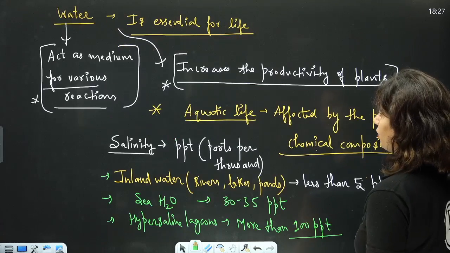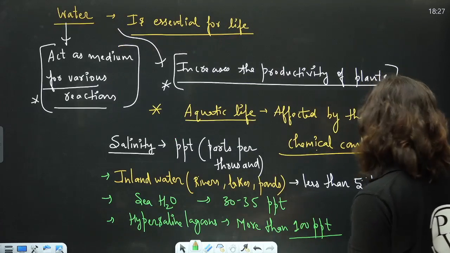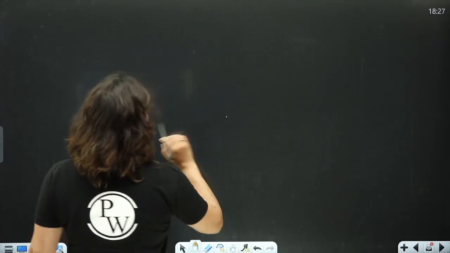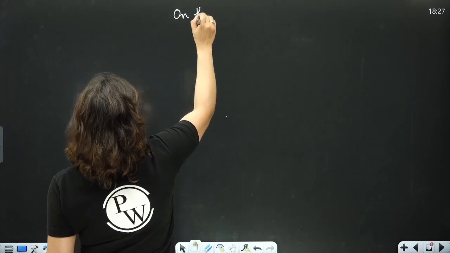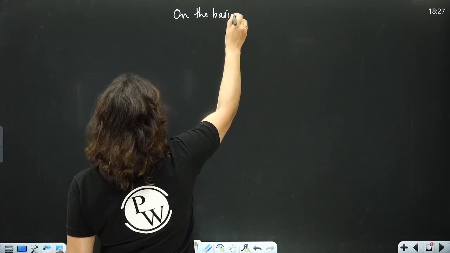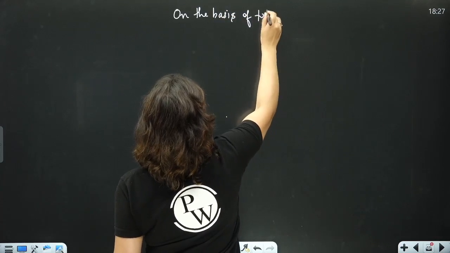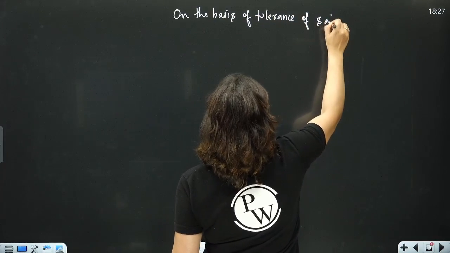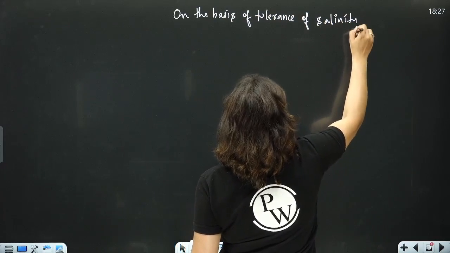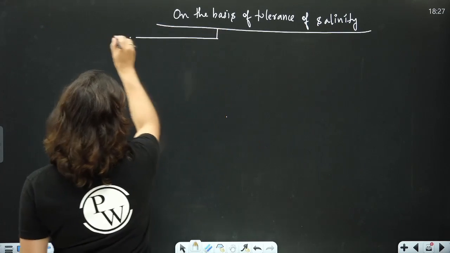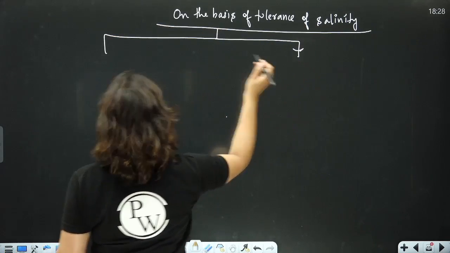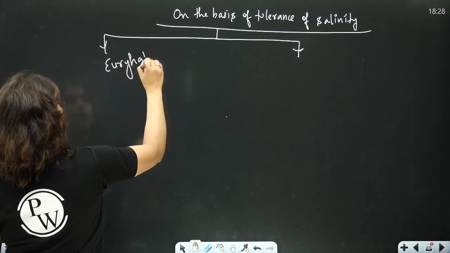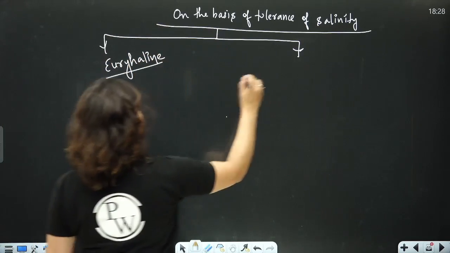One more thing I wanted to add here in the salinity part, that on the basis of tolerance of salinity, that the organism can tolerate high salinity or low salinity, the organisms are of two types, that is euryhaline and stenohaline.